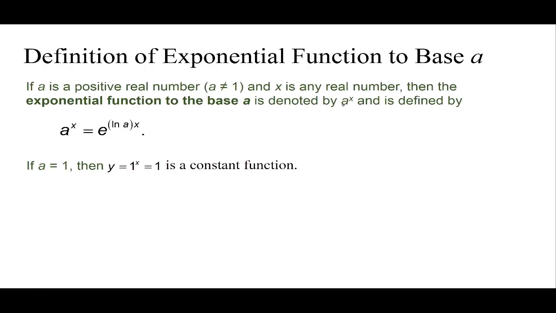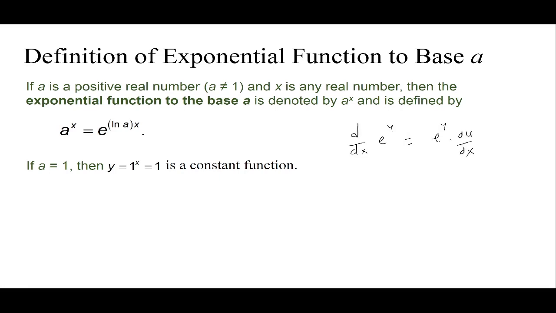Now bases other than e. Let's say you have an exponential function a to the power x. Then there is a way to change that base into the exponential e using this formula. So we already know the derivative of e to the power u. Remember, what is the derivative of e to the power u? Using the chain rule, it's e to the power u times du over dx.